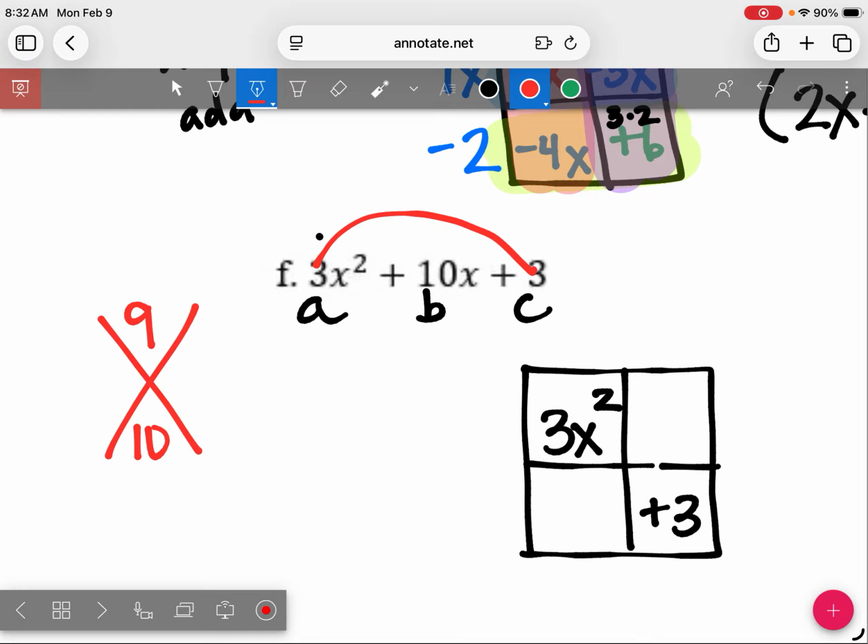So again, don't say it out loud. Give everybody the chance to think it through. Two numbers that multiply to be a positive 9, but add to a positive 10.